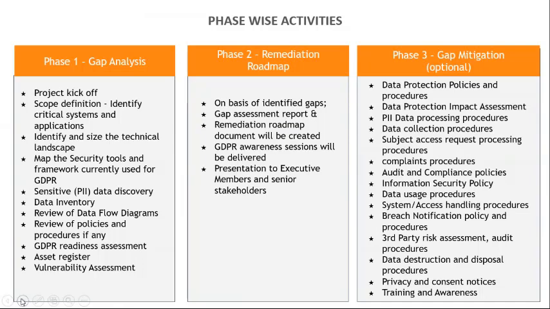There are various activities, mandatory requirements as per the GDPR, which will be performed in the gap assessment or gap analysis, like the data flow diagram. The regulation asks an institution or organization to maintain the data flow of the PII information.